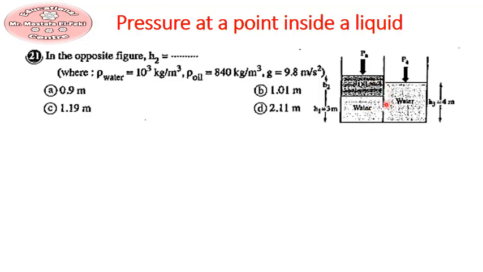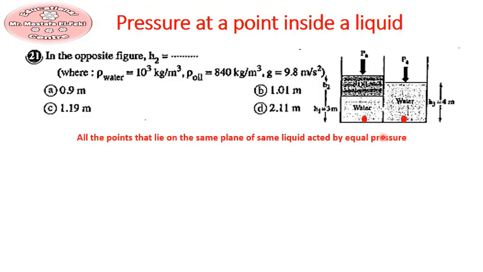Again, here is an opening that connects the water with water. So the pressure that acts at the 2 points that lie in the same horizontal plane of the same liquid is equal. So the pressure on the left side is PA plus P oil plus P water, equal to the pressure on the right side, PA plus P water.